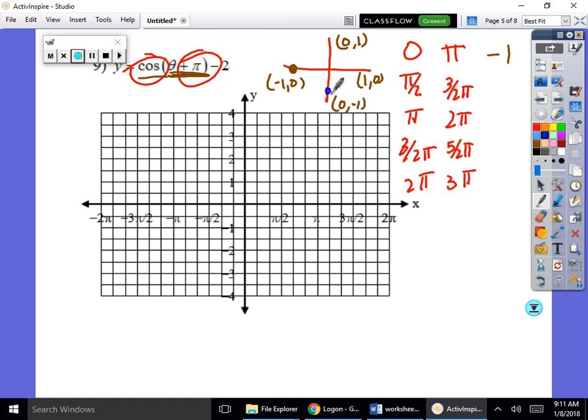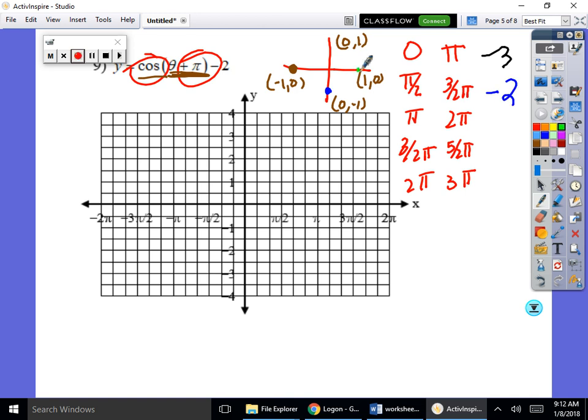So now I'm here. What's my answer? 0. Oh, I skipped a step, sorry. I forgot to subtract the 2. So -1 minus 2 is -3. Now, at this location, my x is 0, minus 2 is -2.